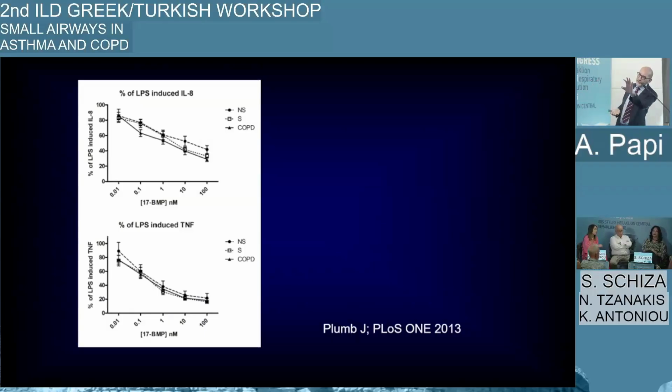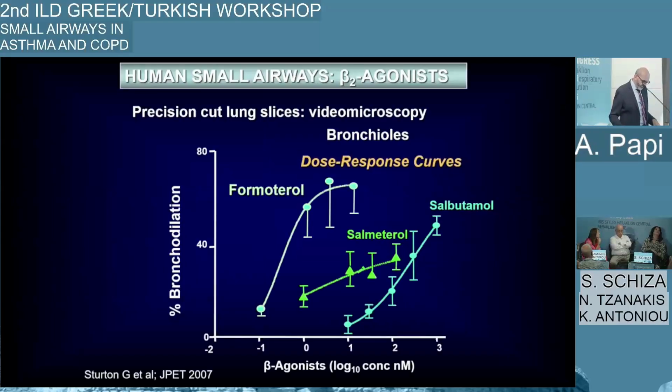You can see a nice decrease in the production of inflammation with increasing corticosteroids, so there is sensitivity irrespective of the population from which these cells are derived, including COPD patients. So also in COPD, we have a sensitivity in cells derived from peripheral airways to inhaled corticosteroids.